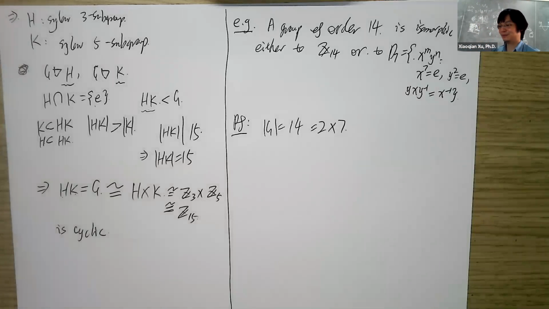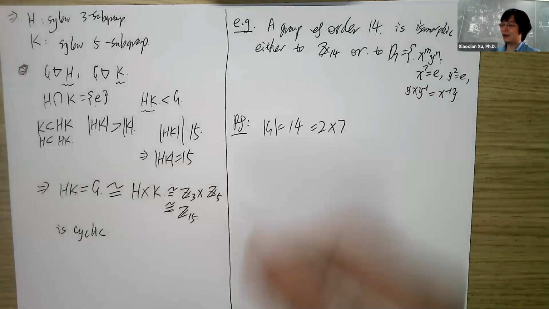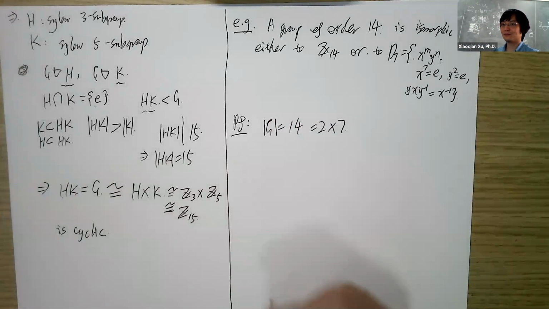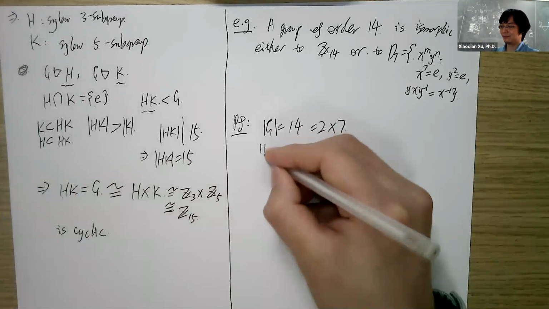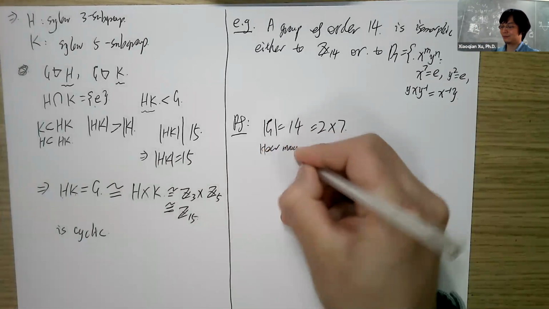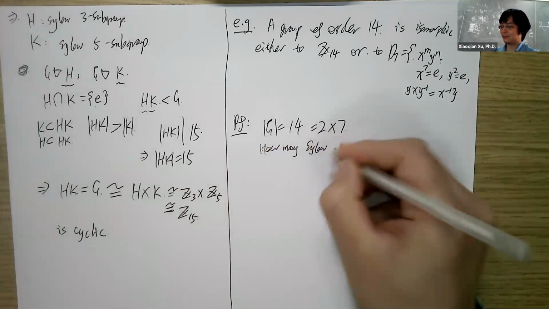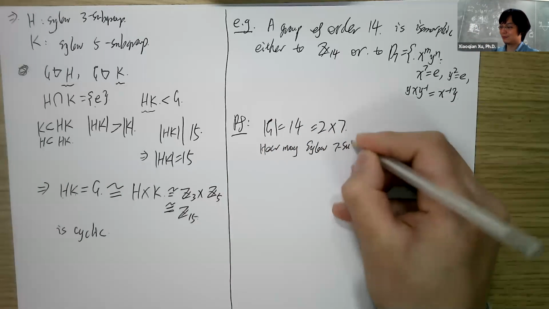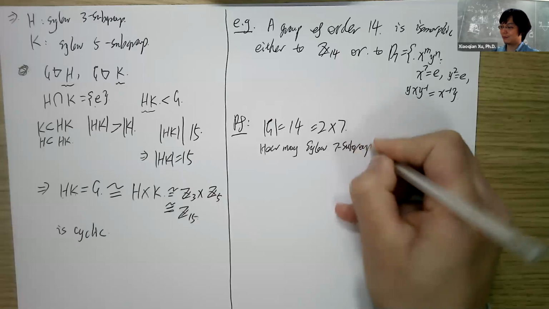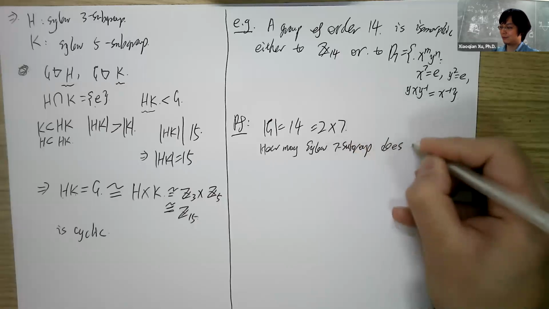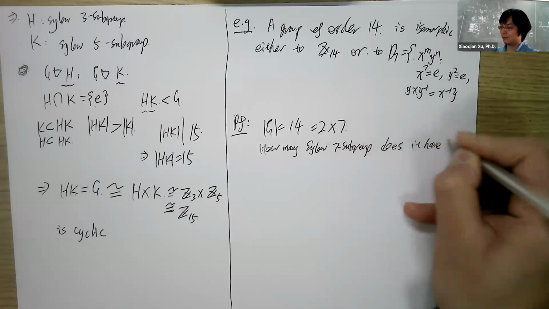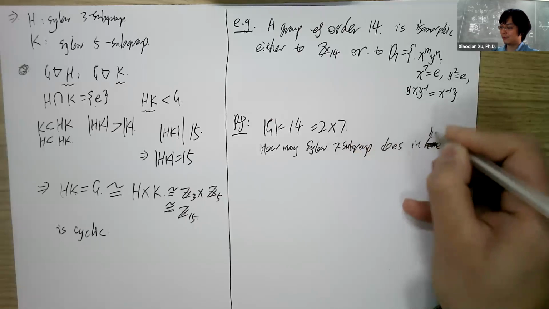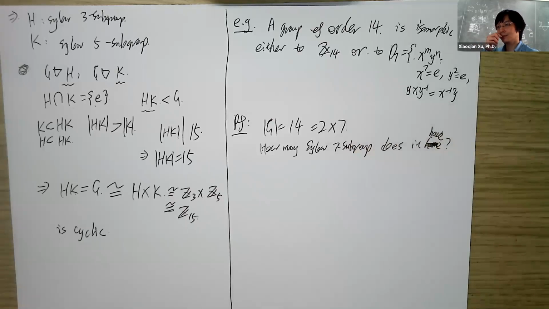How many Sylow 7-subgroups does it have?